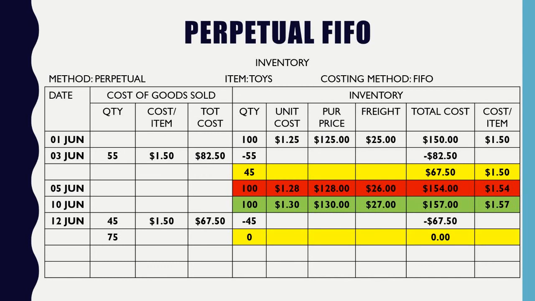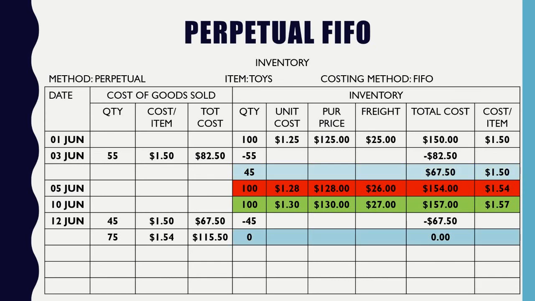Okay? And then I need to identify my next one, which is my red batch. My red batch is currently at $1.54. Okay, so that means I need to eliminate 75 of those items at $1.54. So if I calculate that, that's going to give me $115.50. So once again, what do I need to do?